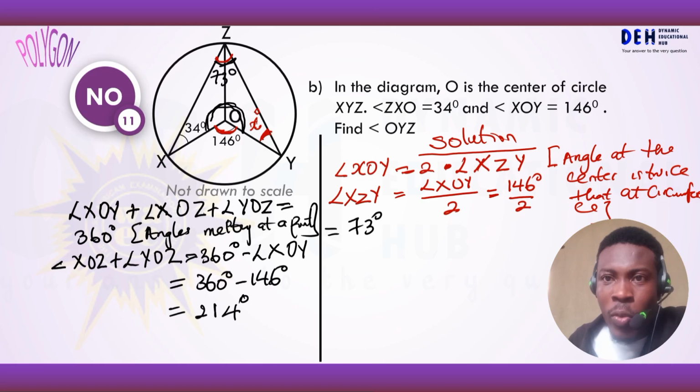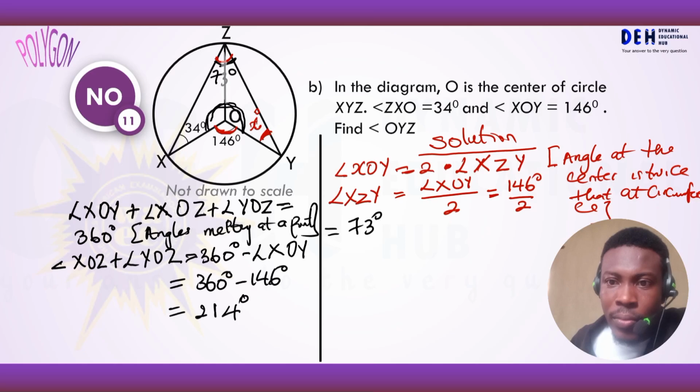Now someone is asking me, why do we need this angle? I'm going to show you why. Let's look at this shape here. How many sided polygon do we have here? Let me clean this line here with my pen.